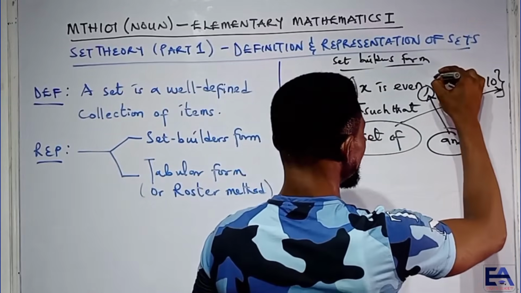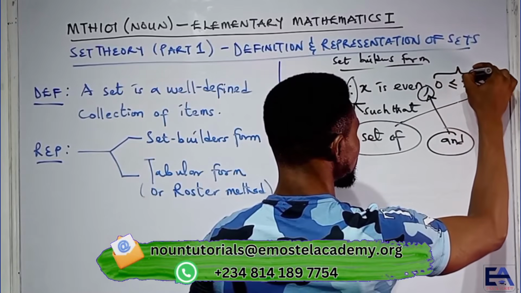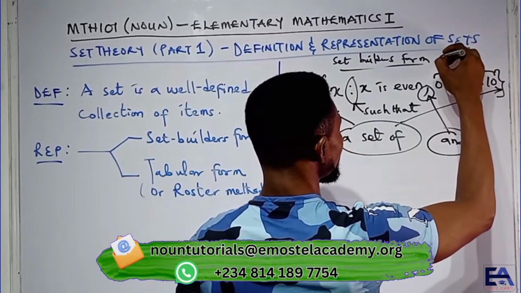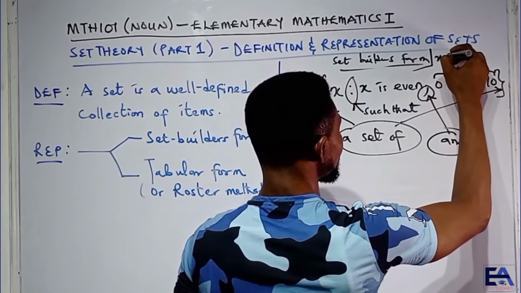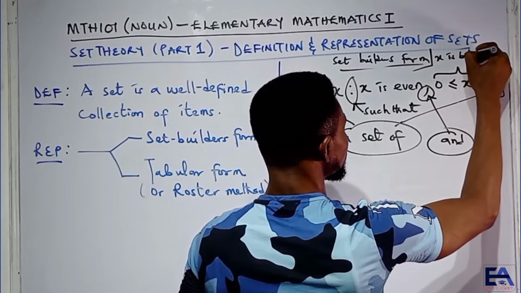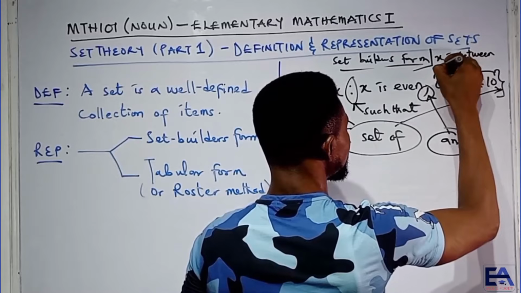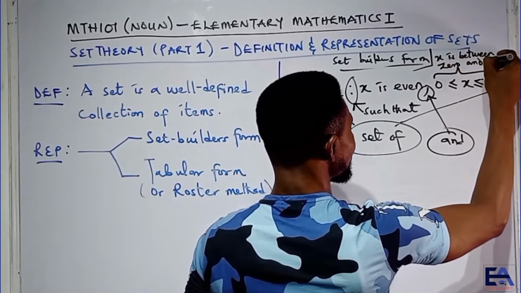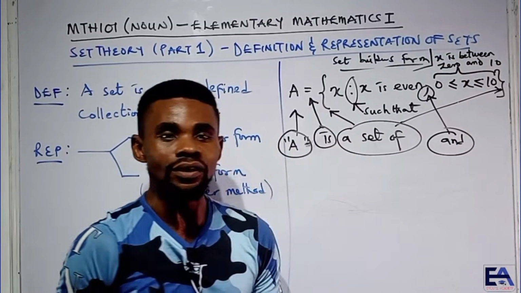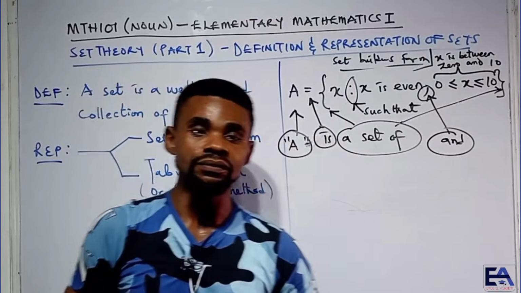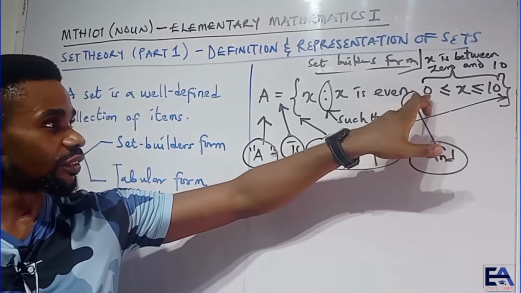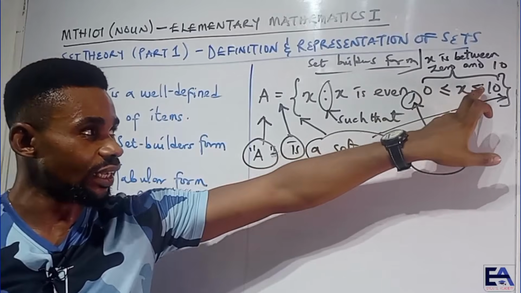So the whole of the statement here means that X is between 0 and 10, with 0 and 10 inclusive. That's the meaning of 0 is less than or equal to X, less than or equal to 10.